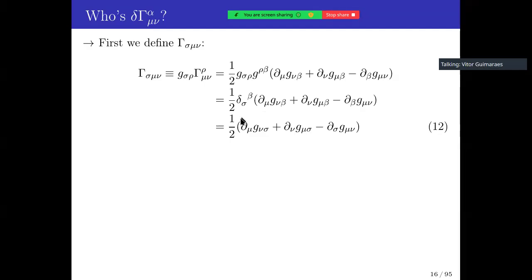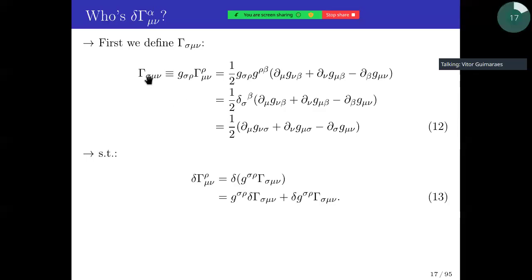So this is the form of this completely covariant Christoffel symbol. I don't want to say covariant, because this does not transform as a tensor in principle, but yes, with all the lower indices.